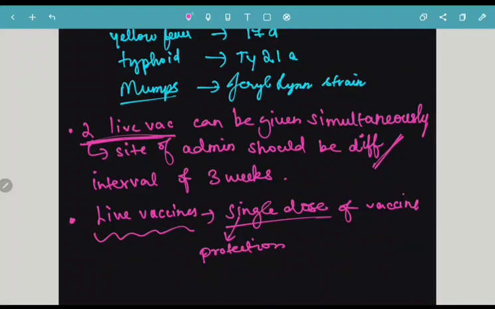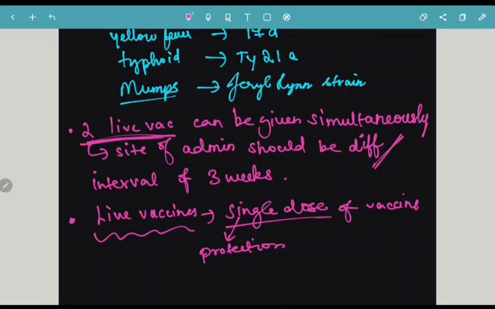Now an additional dose is given to ensure the seroconversion. Example, 95 to 98% of the recipients will respond to a single dose of measles vaccine. Now the second dose is going to be given to ensure that 100% of persons are going to be immune.